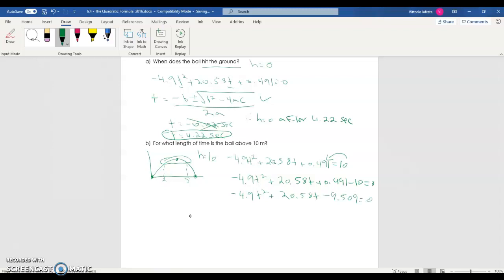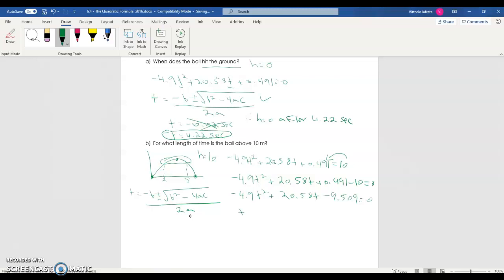Then you can plug this into your quadratic formula, which is t is equal to, or x is equal to, minus b plus or minus the root of b squared minus 4ac, over 2a. And so let's go and plug that in.